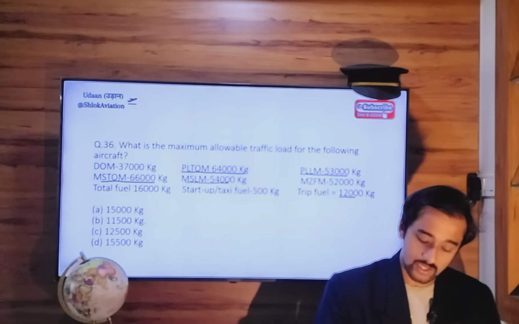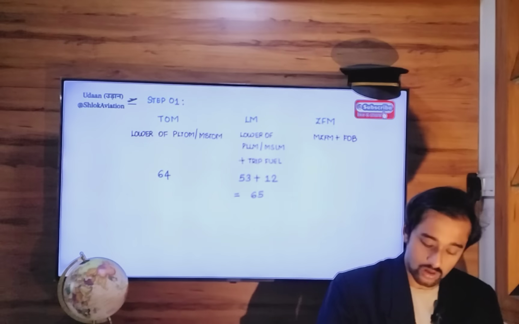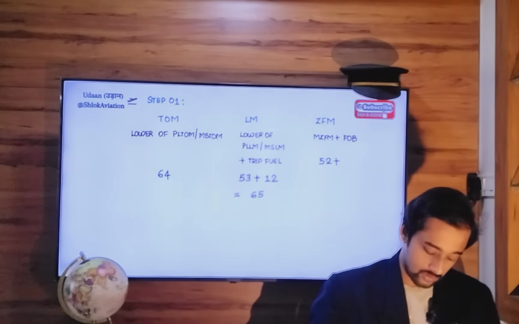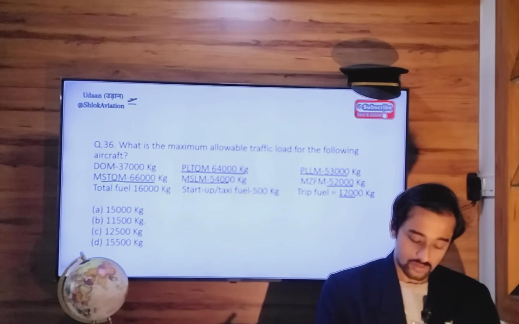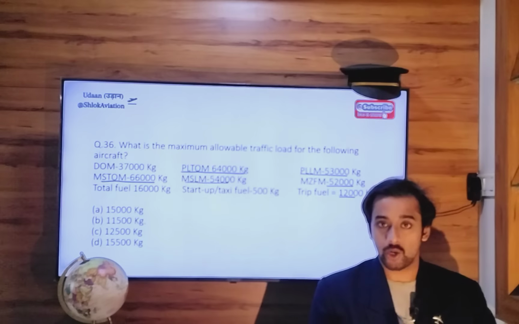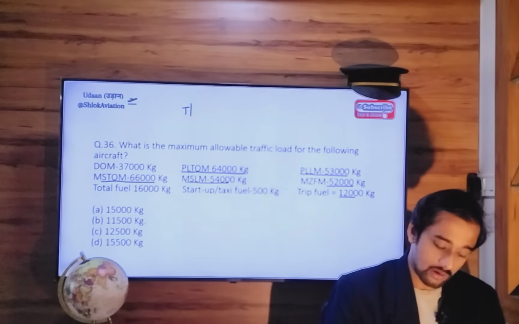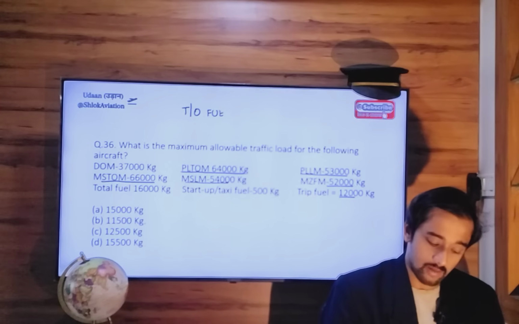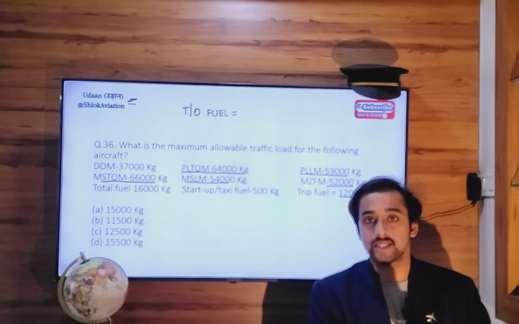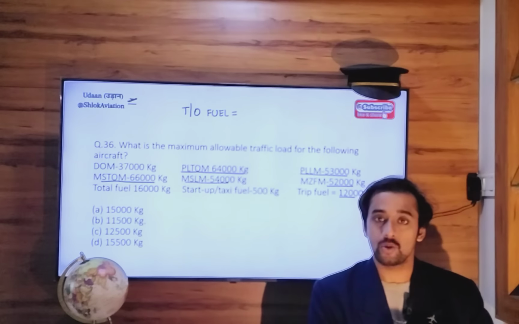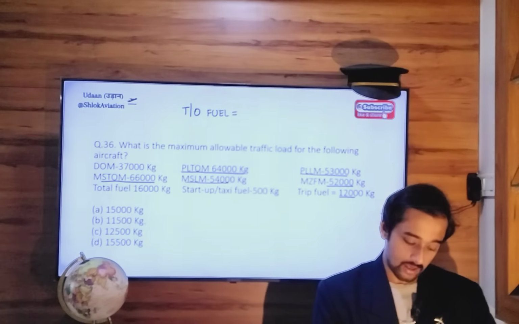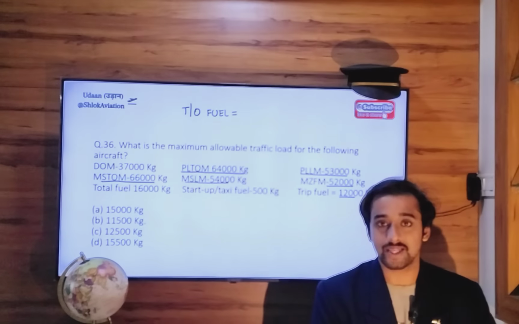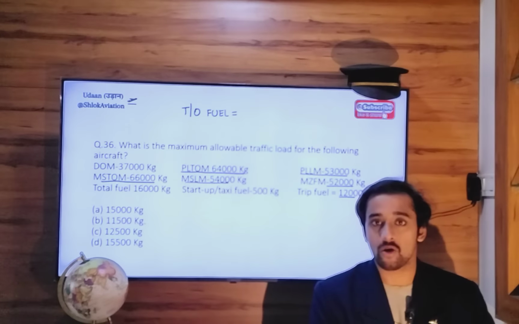Now zero fuel mass is 52,000, so write 52 plus fuel on board, which is total fuel. So fuel on board is nothing but your takeoff fuel, and takeoff fuel is nothing but fuel available in the fuel tanks when your aircraft has lined up with the runway. It's ready for takeoff run. So fuel in the fuel tanks at the start of takeoff run is your takeoff fuel.